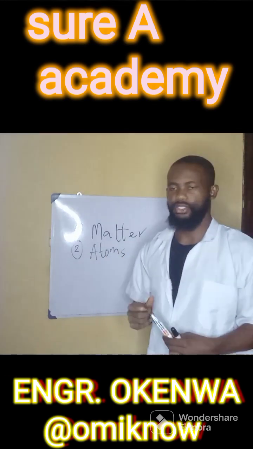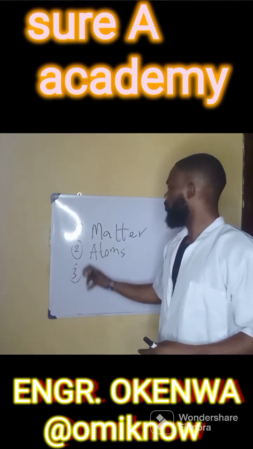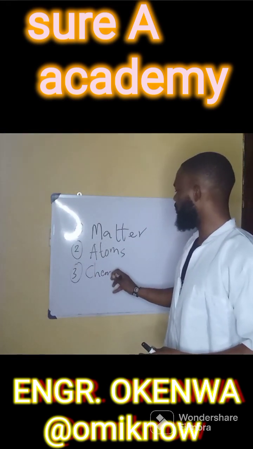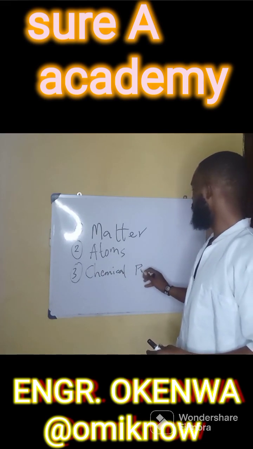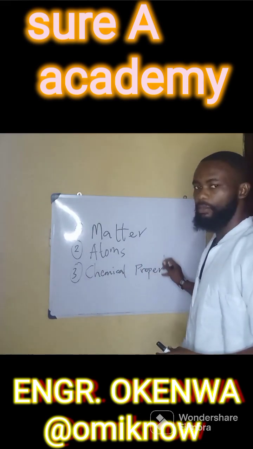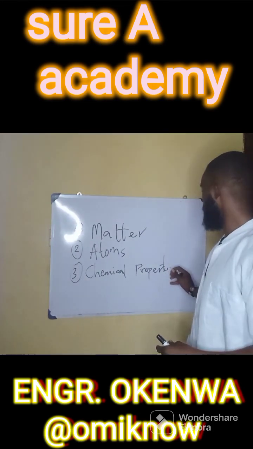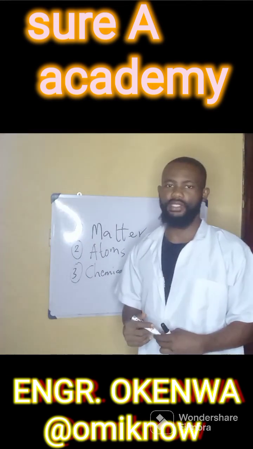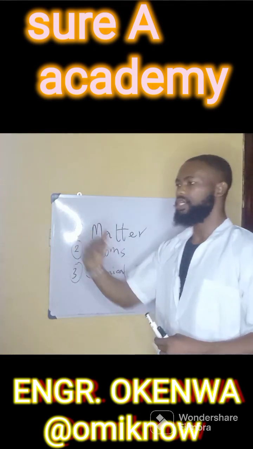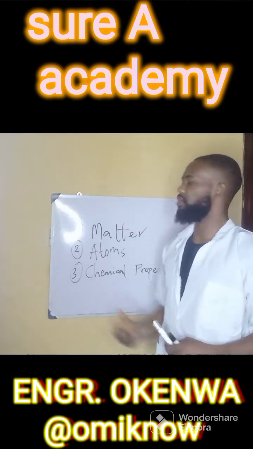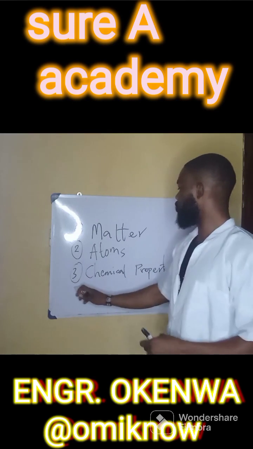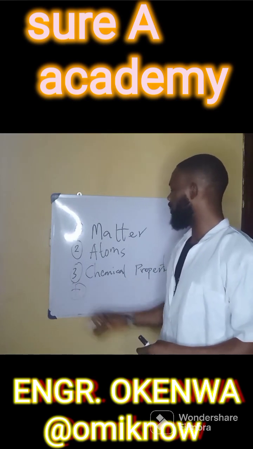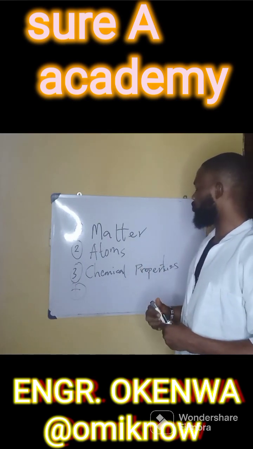Now the third thing John Dalton focused on was chemical properties. His theory centers around these listings that I'm giving you now. So next time you're asked to state John Dalton's atomic theory, you don't have to go and start pouring out your crammed notes. You just need to know that everything that you have there falls under this. It's actually a subtopic.